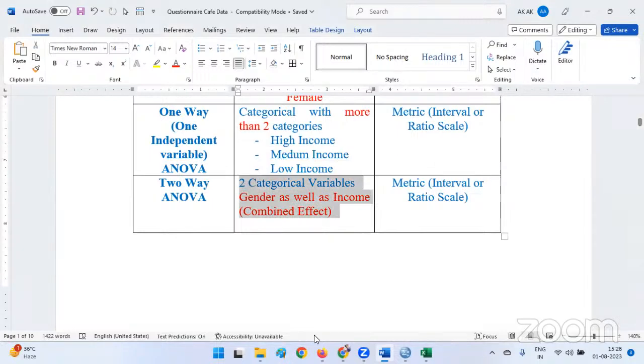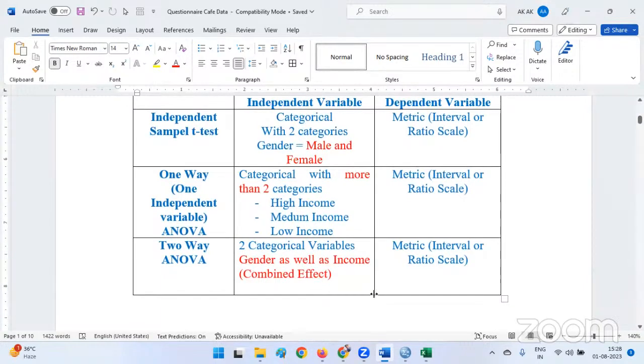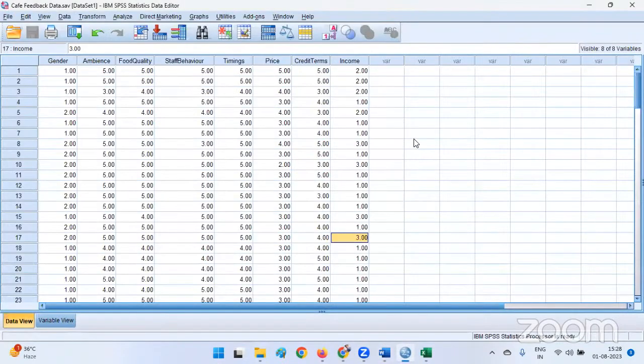In multiple regression, this variable is not categorical, but it is metric, interval or ratio. In simple regression, it is categorical. That's the only difference. Okay. So hope this is clear, right? Yes, sir, combined effect also comes. I'll show you the combined effect also.